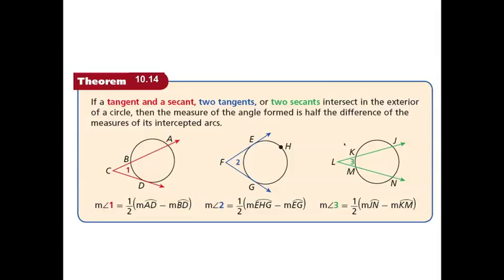Okay, this is a big picture to look at, but I want to make sure that you just kind of take it for what it is. Basically, if you have a point outside a circle, so in the first case C, in the second case F, and in the third case L, and it has two lines coming from that point, and both lines touch the circle, I don't care where.